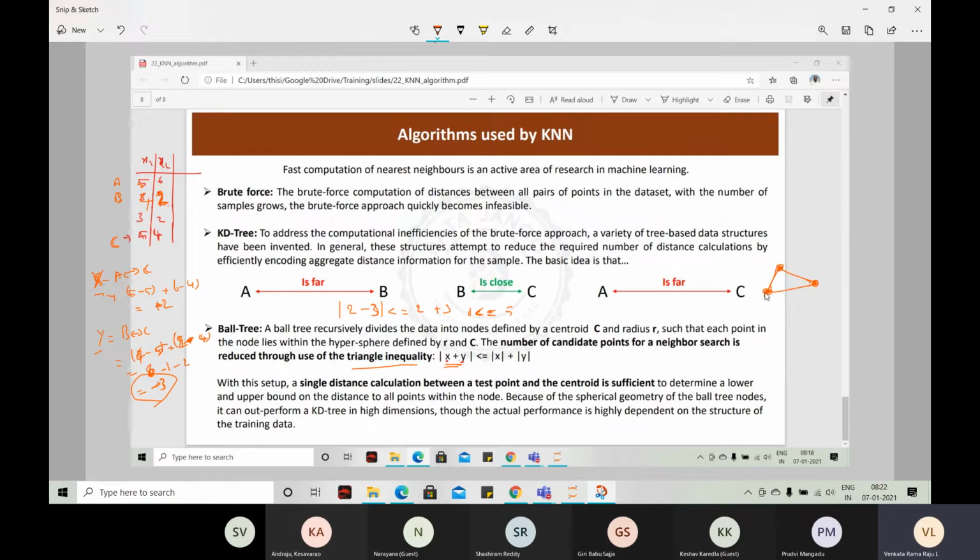So if the data points are like this, we'll say that these two are neighbors, right? What we did is we calculate the distance between this and this and this and this. This and this is x, this and this is y, right? Then mod x plus y must be less than or equal to, it is always going to be like this, right?